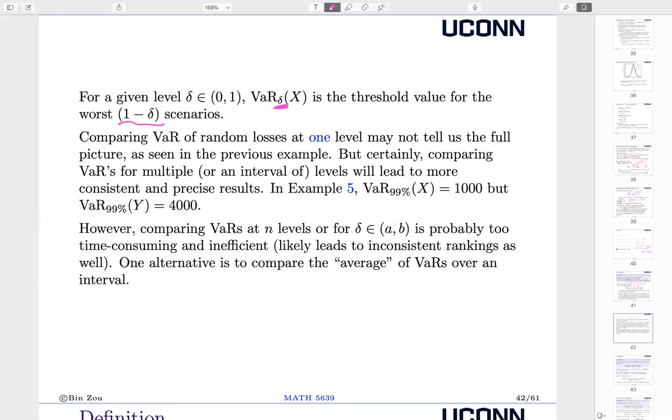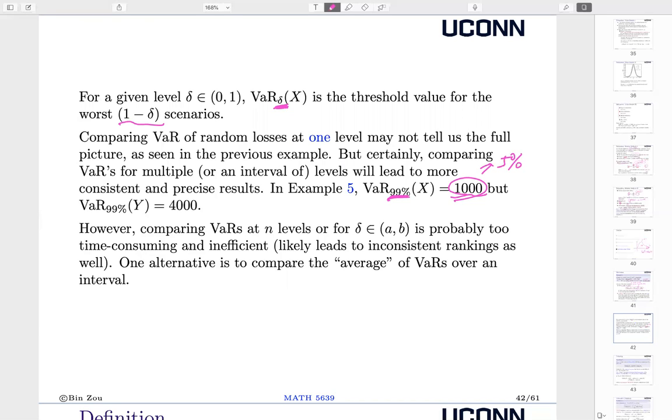So in our example, we already saw that with delta being 95, we can't see any difference between X and Y. But if you pick a different level, let's try 99. The VaR at 99 for X is still the same, right? Because we have 5% at this level. So the VaR at 99 is still 1,000.